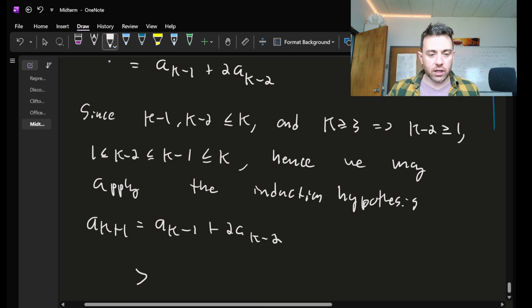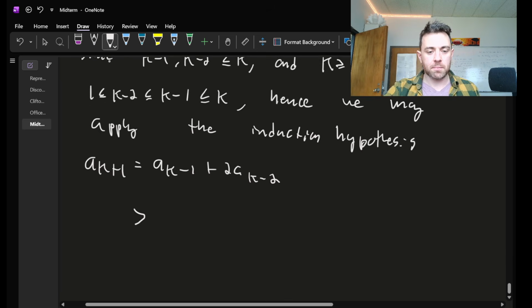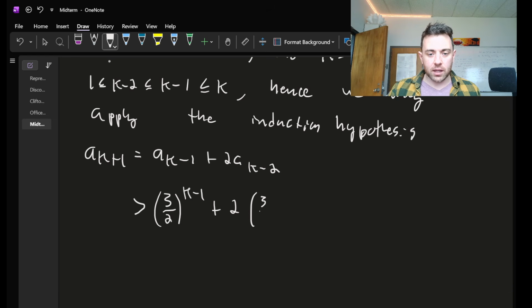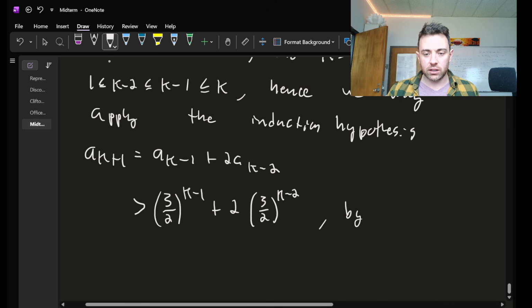Then I would say this is strictly larger than 3 over 2 to the k minus 1 plus 2 times 3 to the 2 k minus 2. And we could really drive the point home that that's by the induction hypothesis.